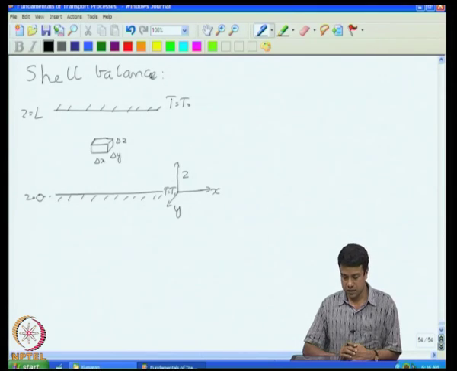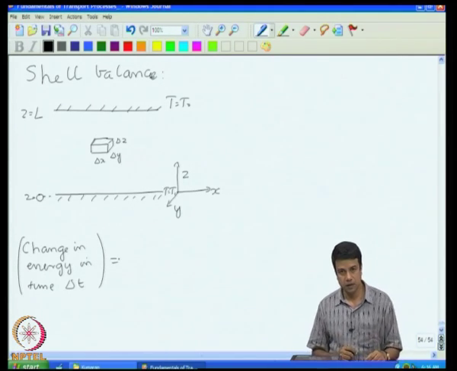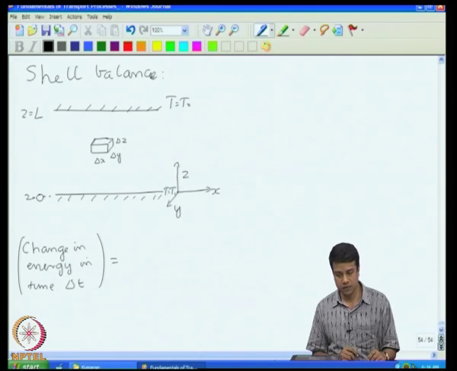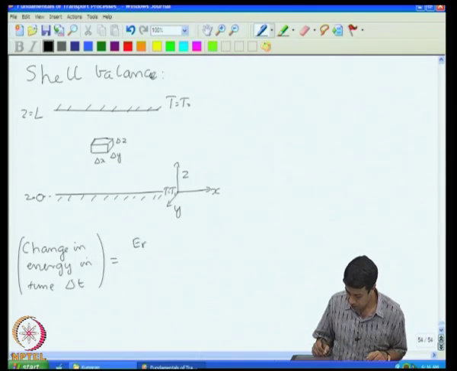The energy conservation principle states that the change in energy in a small time delta t within this volume is going to be equal to energy in minus the energy out.